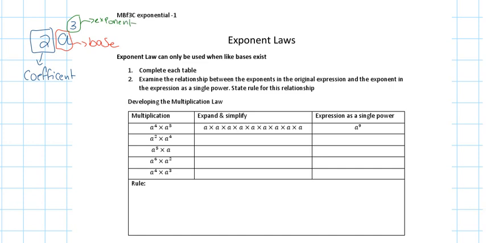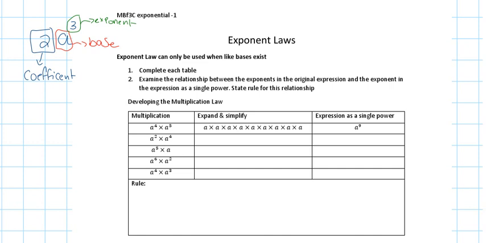Now, when I'm simplifying, okay, let's see what happens. When I'm multiplying, when I'm dividing, all of these, what's going to happen? So let's start with the first law, which is the multiplication law. Okay? So if I have a to the power of 4 times a to the power of 5, I would write this. For a to the power of 4, I would write a times a times a times a.